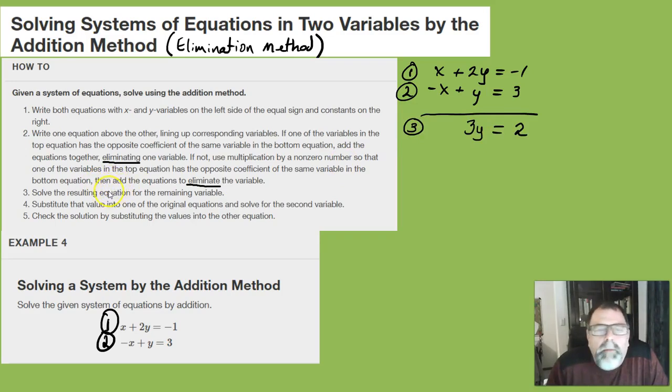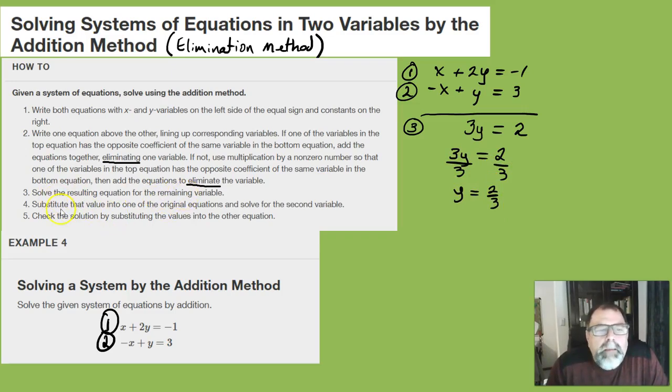Now I'm going to solve that resulting equation for the remaining variable. So I'm going to solve equation 3 here for y. I'm going to take both sides and divide by 3. So y equals 2/3.